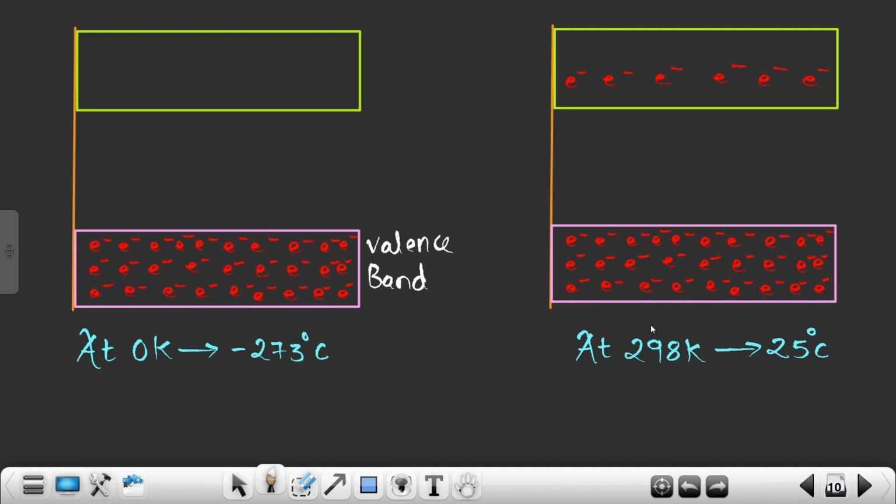But as soon as we increase the temperature maybe to 298 kelvins, that is around 25 degrees Celsius, few of the electrons which were present in the valence band will start moving to the conduction band. So this is basically my conduction band. So you see what exactly is happening over here.